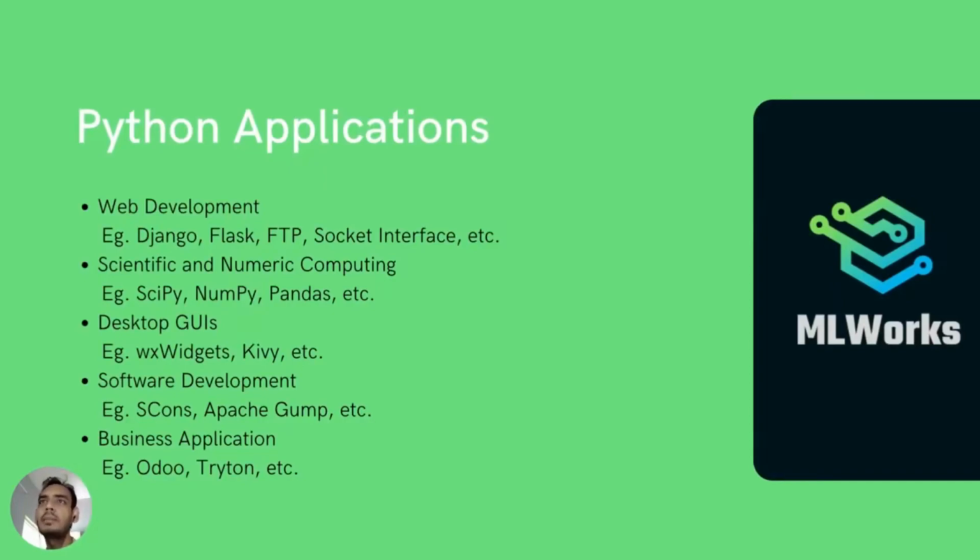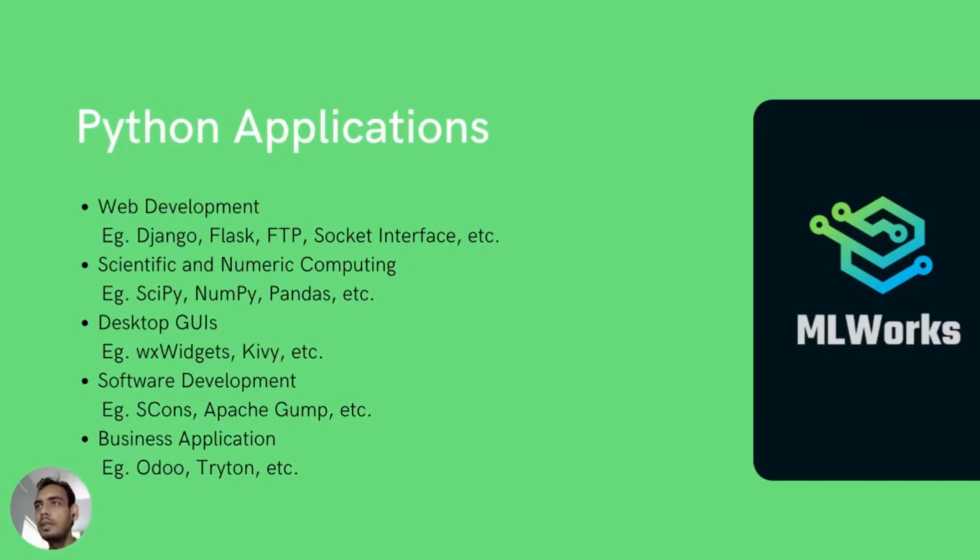So these are the different Python applications. For web development, Python provides libraries like Django and Flask, and for internet protocols, it supports FTP, the socket interface, and many other protocols. For scientific and numeric computing like machine learning and deep learning, it provides libraries like SciPy, NumPy, Pandas, PyTorch, and TensorFlow. To build desktop GUI applications, like a calculator, you can use Kivy or wxWidgets kind of libraries.